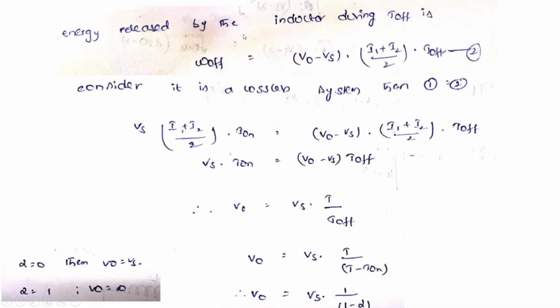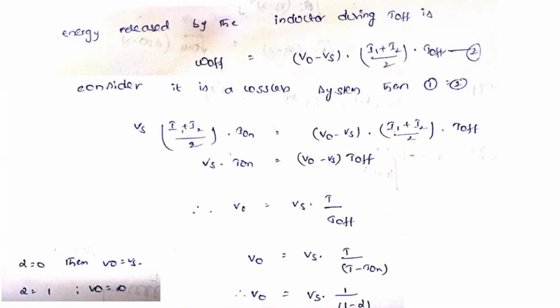Next, substitute the value of alpha as 1. Why? Because we have to substitute the minimum and maximum values of duty cycle, so that we have a basic idea what output voltage will exist for the minimum and maximum values.